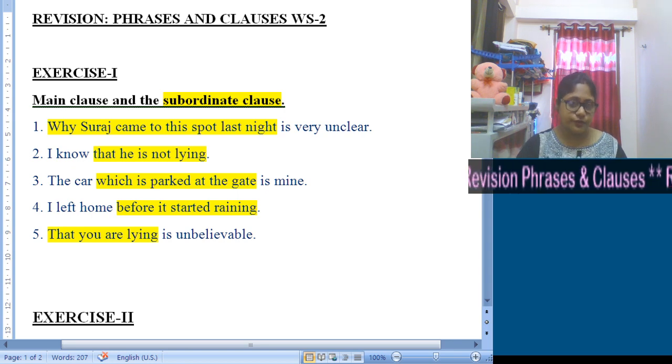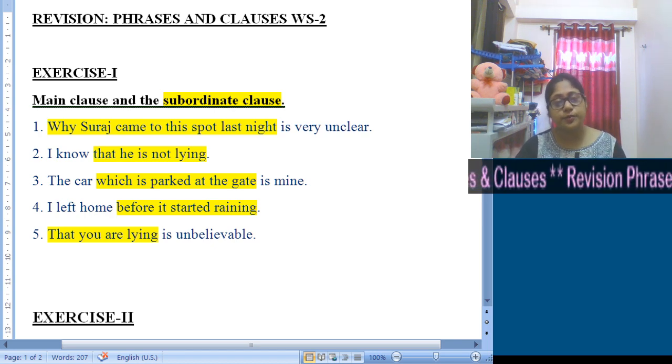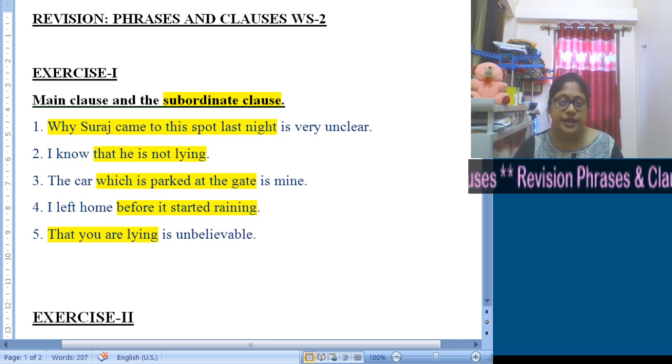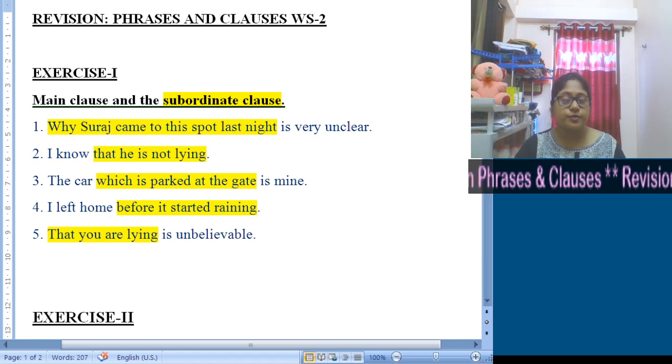Next one, number 4. I left home before it started raining. So, I left home, this part gives us complete sense. But before it started raining, this particular part produces sense, but the sense is not complete. So this is the subordinate clause part.